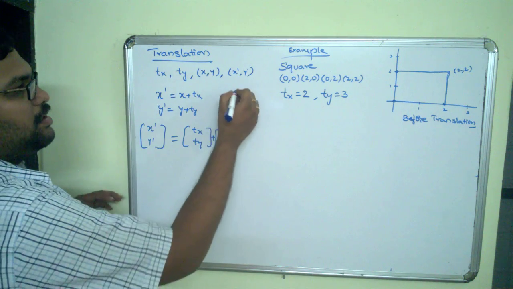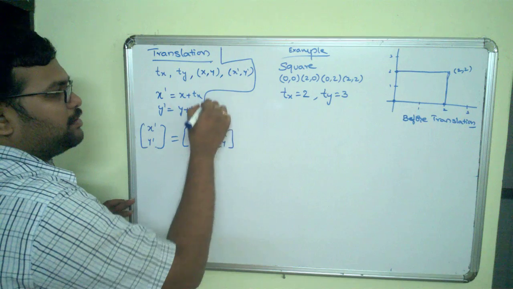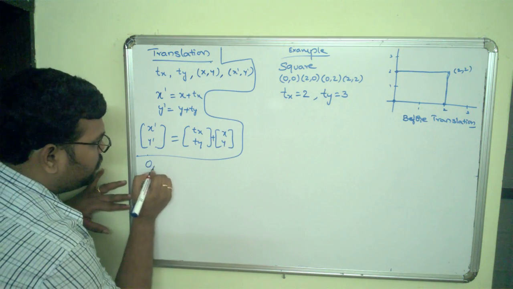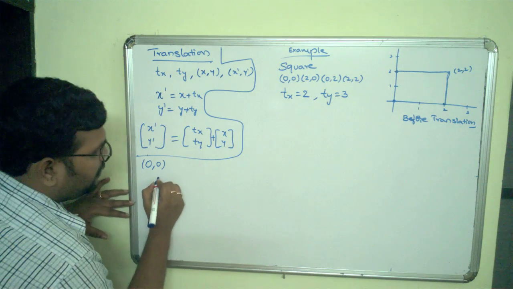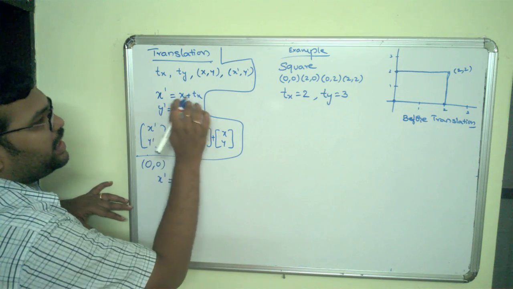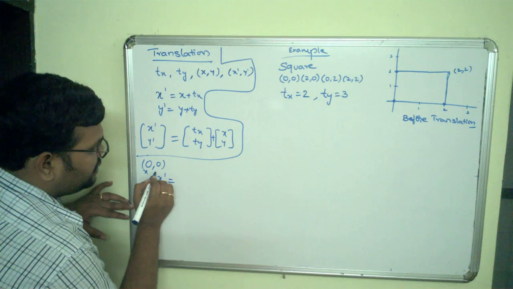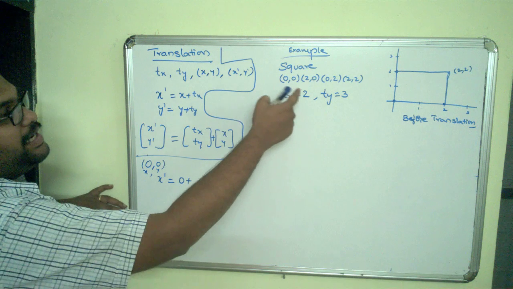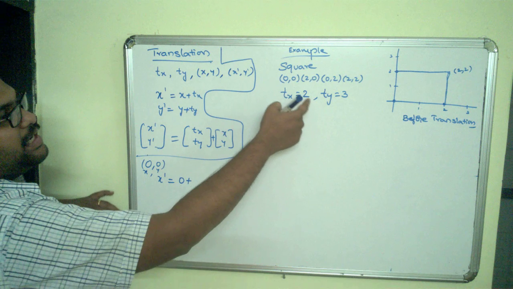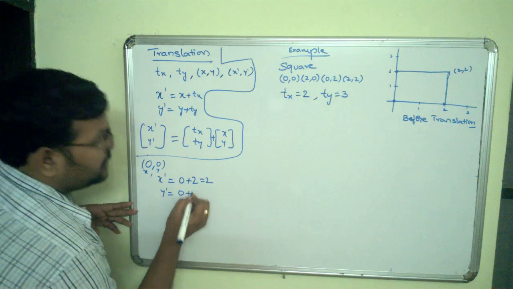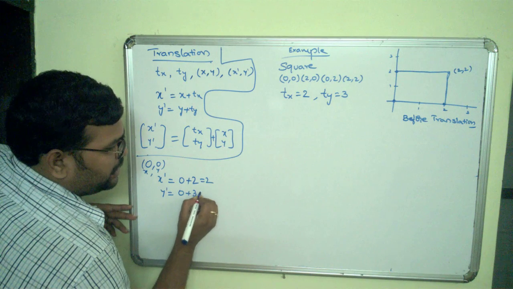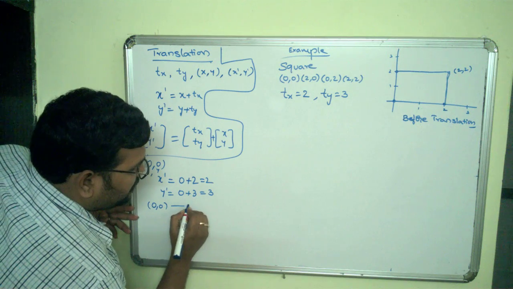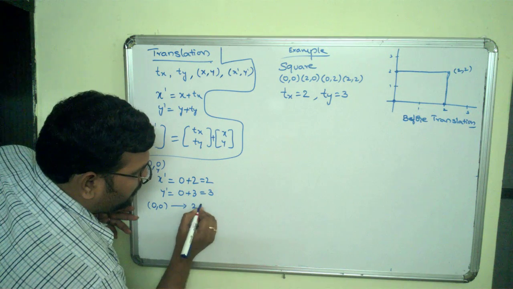Now let us solve the example. First, consider (0, 0). Apply the formula x dash is equal to x plus tx. Here it is x and it is y. So 0 plus tx, 2, that is 2, and y dash is 0 plus 3, that is 3. So the point (0, 0) after translation becomes (2, 3).